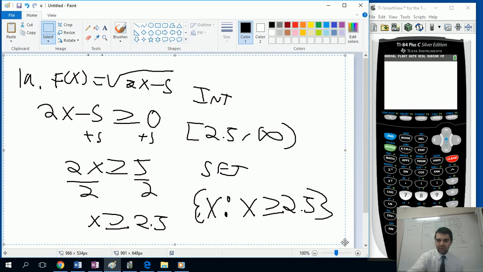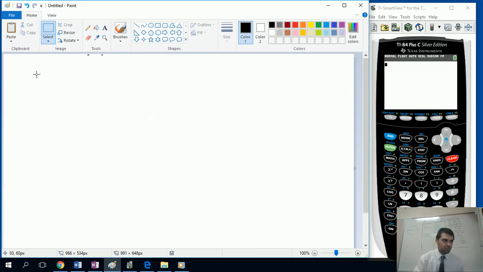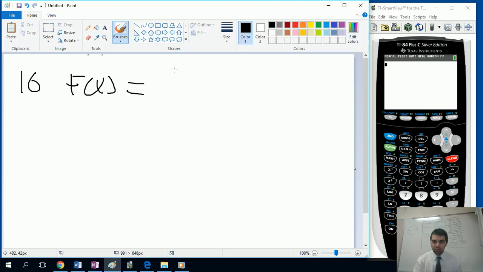Let's go on to 1B. F of x is going to be equal to 1 over 3x plus 1. So you cannot divide by 0 in this case.